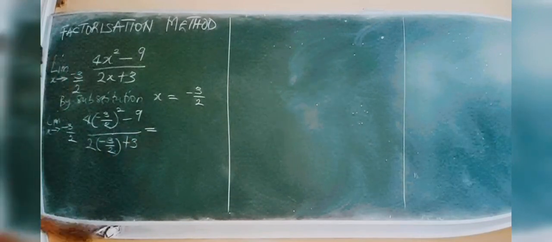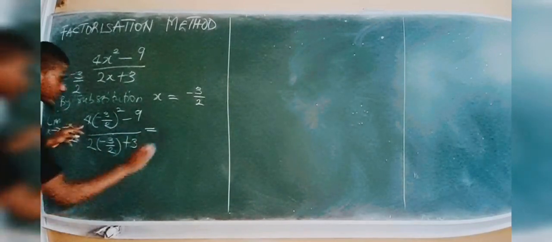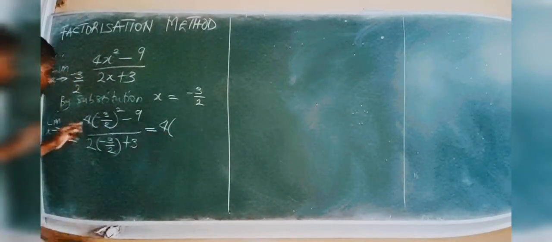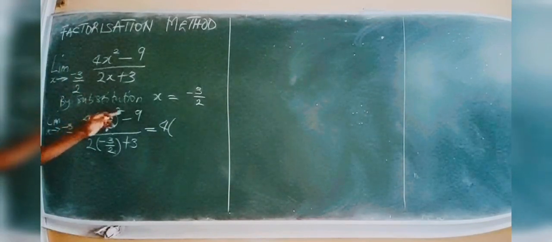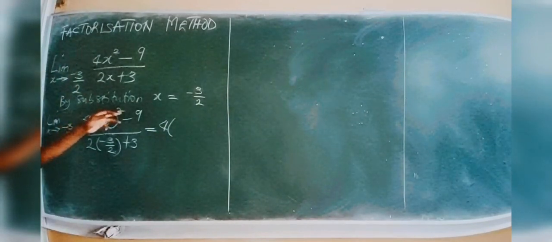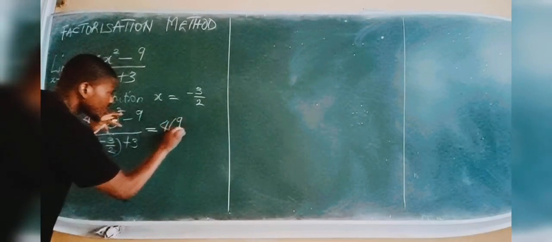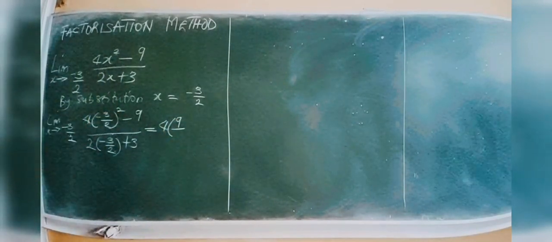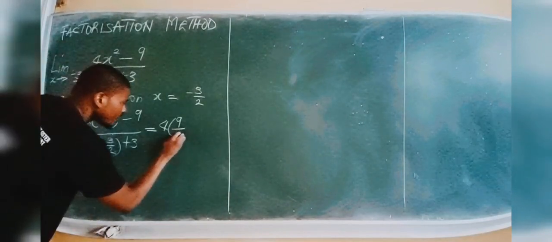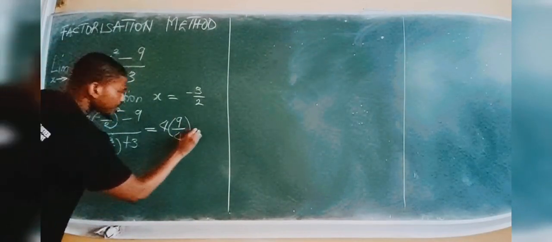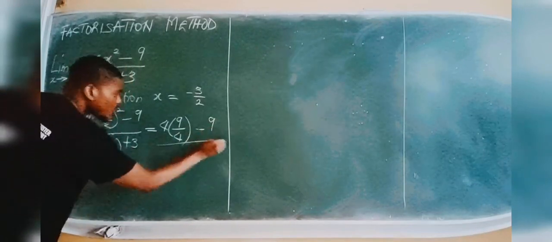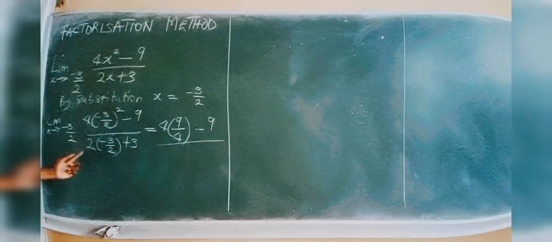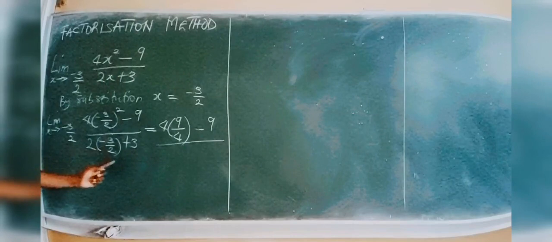This is equal to 4 into, of course, minus 3 squared becomes positive 9, and 2 squared becomes 4, so 9 over 4, minus 9, all over 2 multiplying minus 3 over 2.